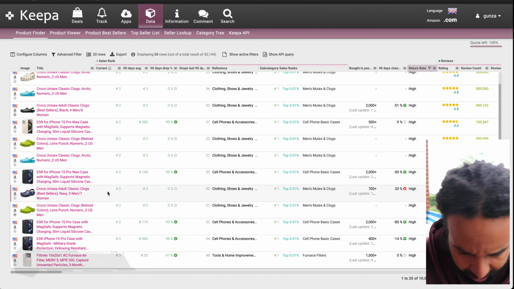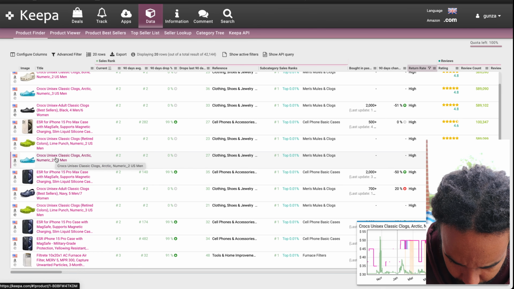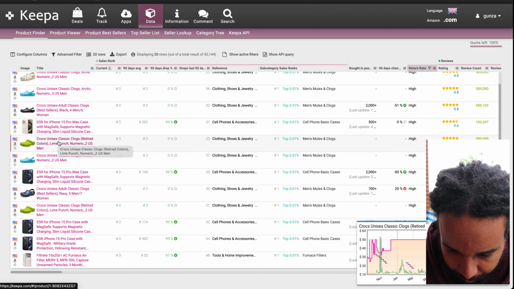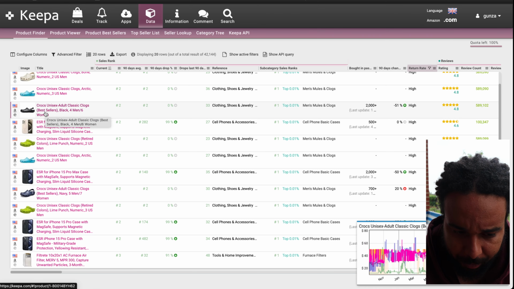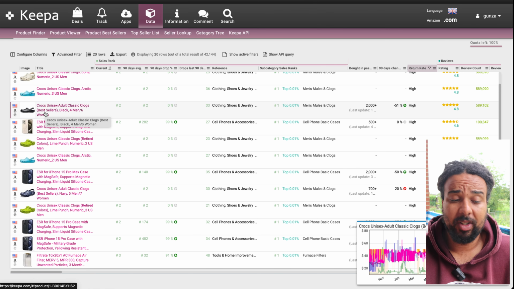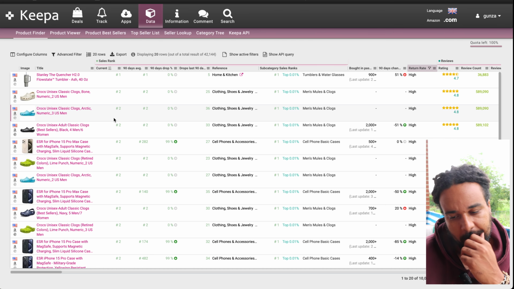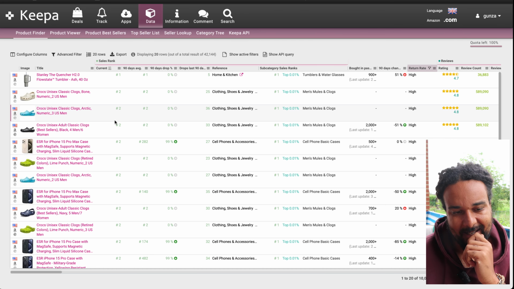It would be interesting to try to find the common thread between them. I've been selling a lot of Crocs. There's a lot of Crocs that do not get returns, and there's a lot of Crocs that get a ton of returns. And I haven't been able to find the common thread between them.